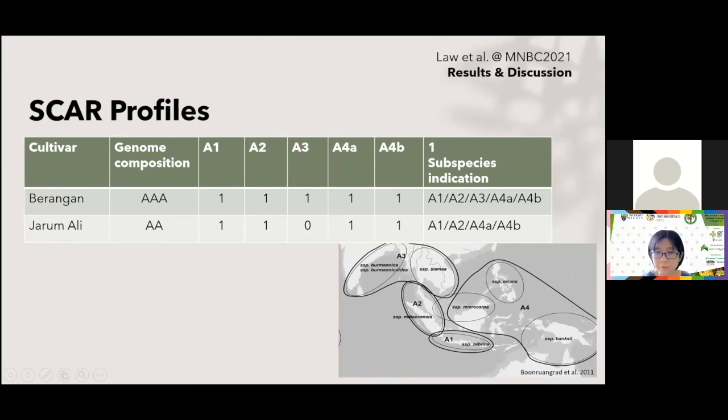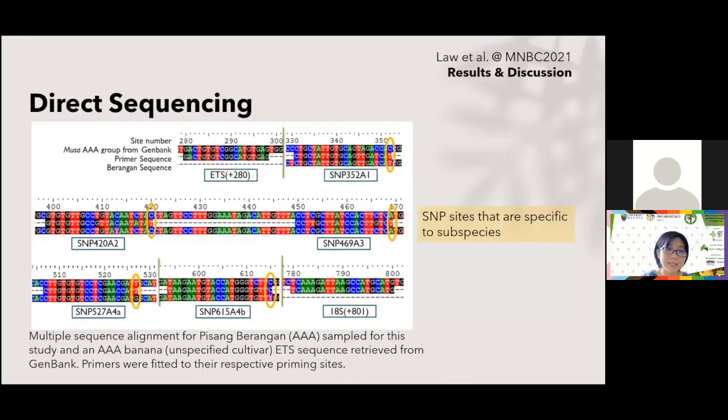So all of these are possible. On the other hand, Jarum Ali, a diploid, showed A1, A2, A4A, and A4B. So there are also many possibilities. We were not very satisfied with this, because how can the triploid and diploid hold so many different subspecies origins? So then we examined the sequence.